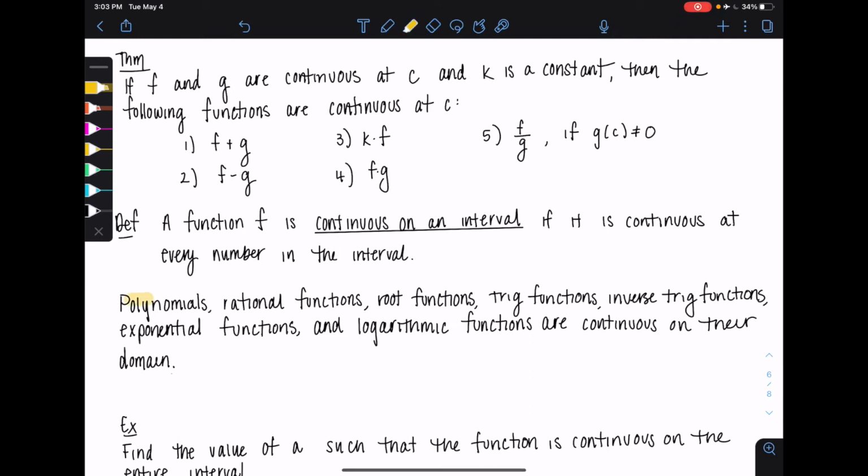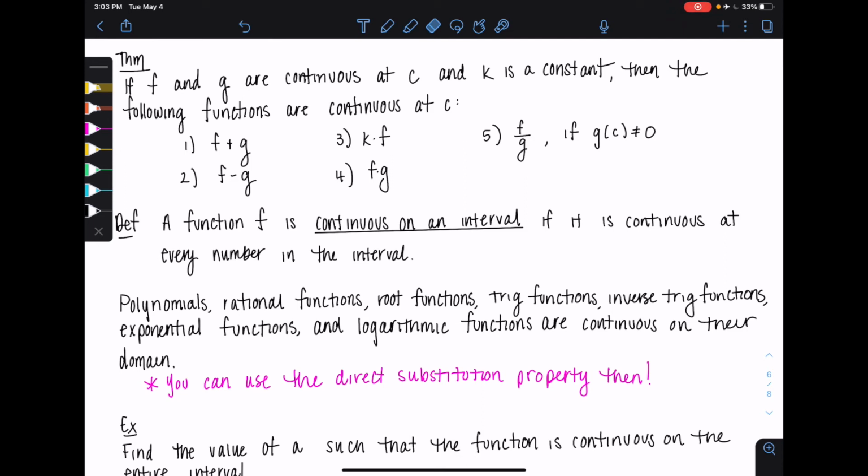A polynomial, if you graph it, you don't have to pick up your pencil at any point. You're never going to have that break. Rational function, the only possible bad points are going to be where you divide by 0, which are not included in the domain. Same thing with root functions. All of these are super nice. So in all of them, you can use that direct substitution property to evaluate a limit, as long as that number is in the domain of the function.